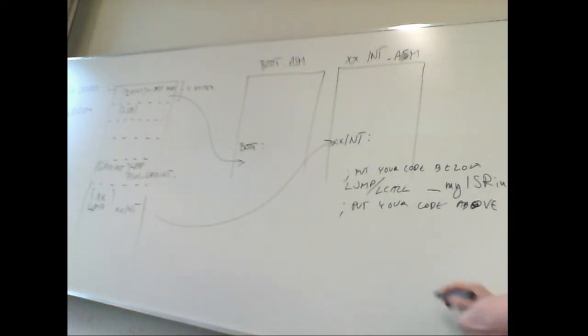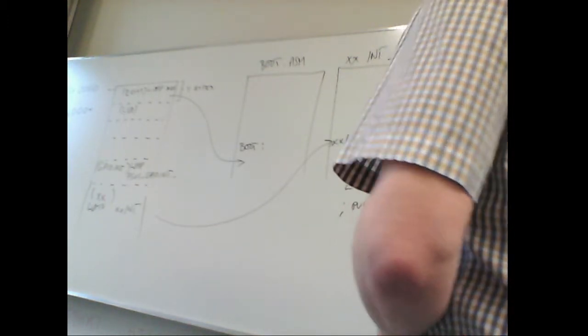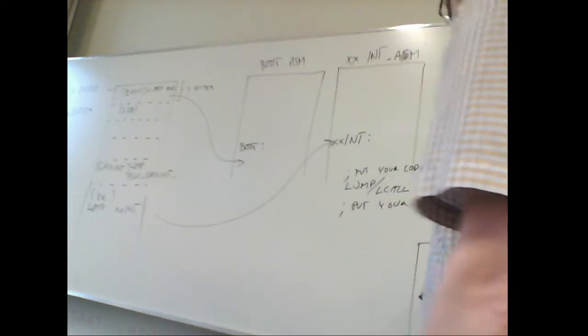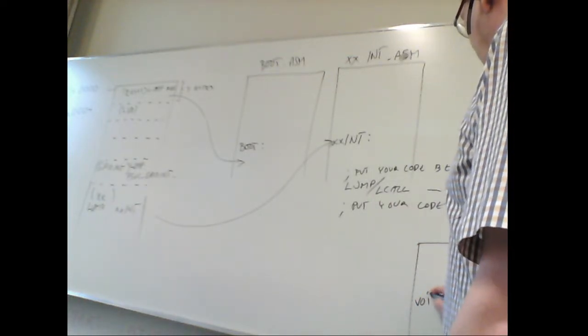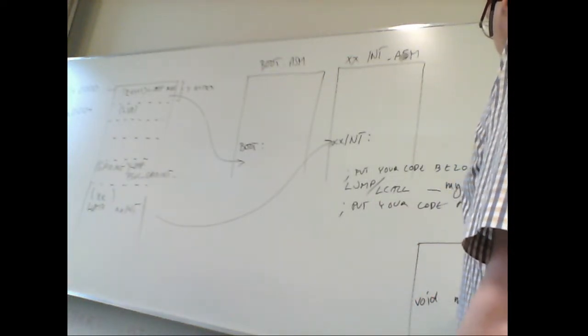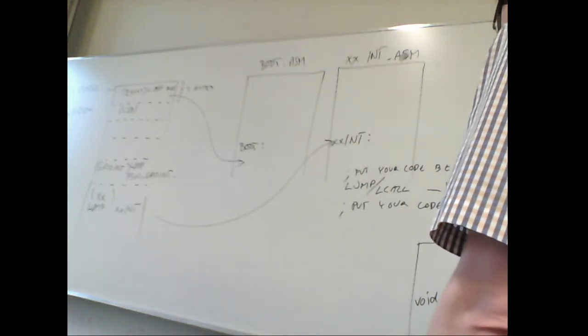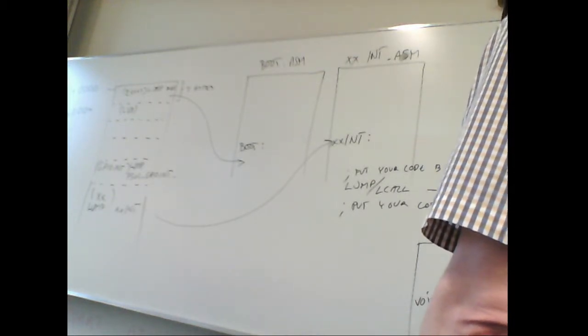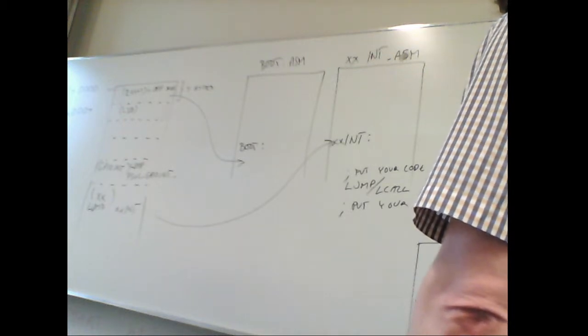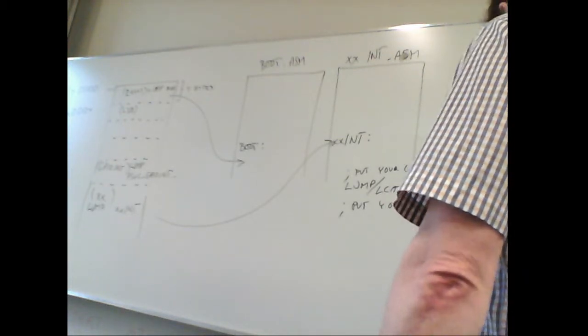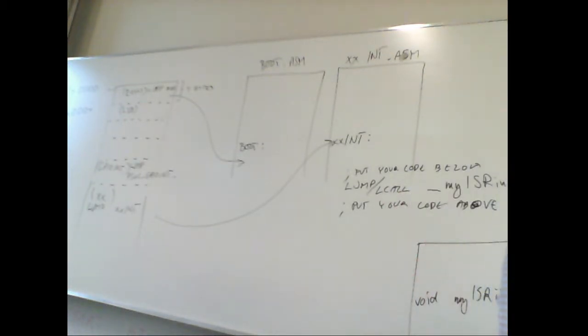So basically, now you have your own code somewhere, where you have a void function of my ISR in C, where you basically do whatever is needed.